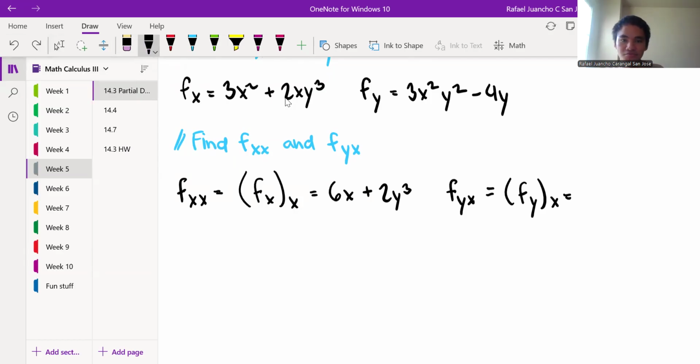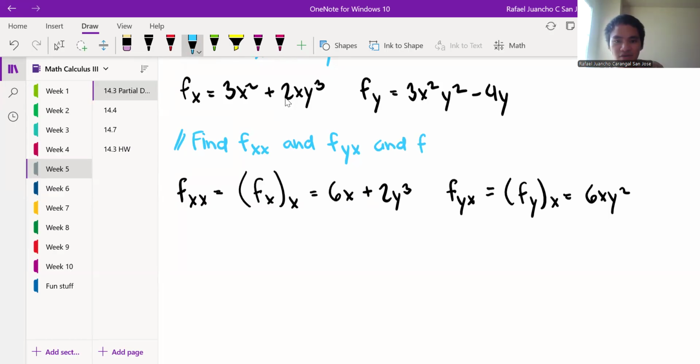So this one's 0. 3x squared is nothing. 2xy cubed, 2x is a number. So 2x, I just leave it be. 3y squared. This becomes 3y squared. So this becomes 6xy squared. Right? And we're done.